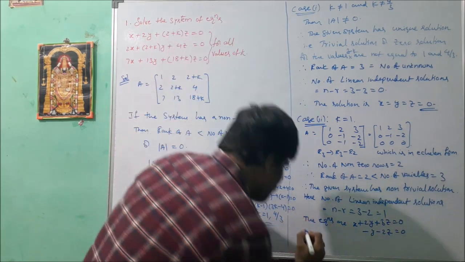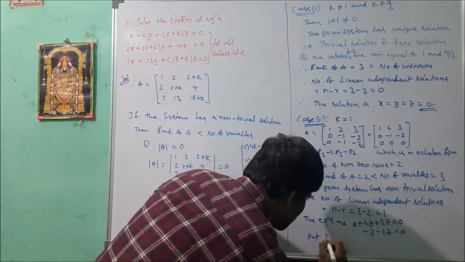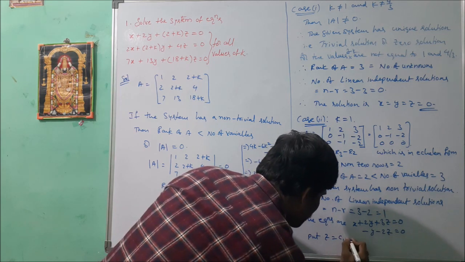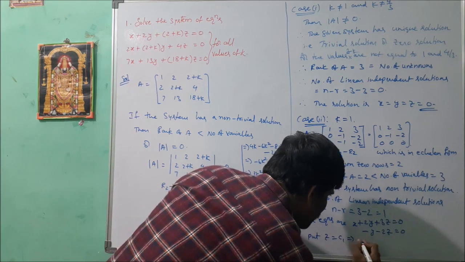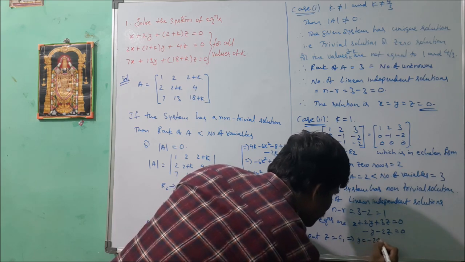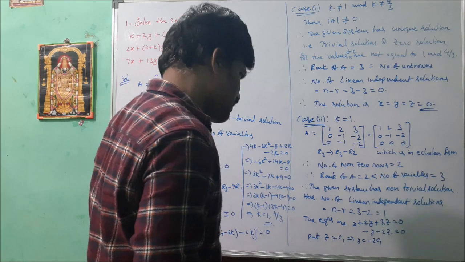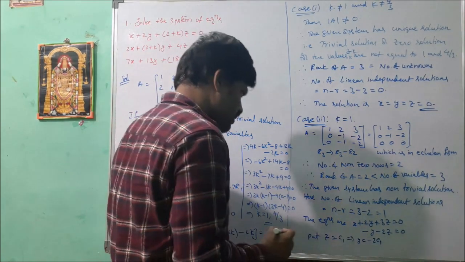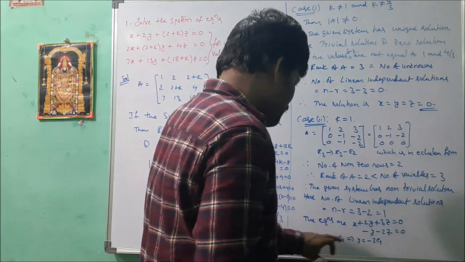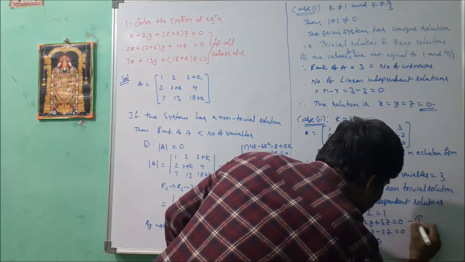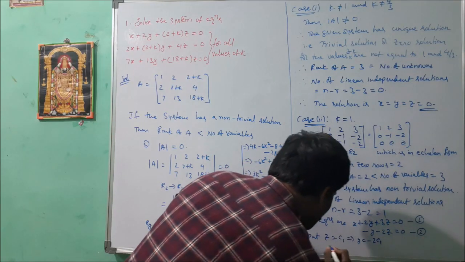Now here put z equals some scalar c1, which implies y equals minus 2c1. Now we substitute these two values in the first equation. This is equation 1, this is equation 2.